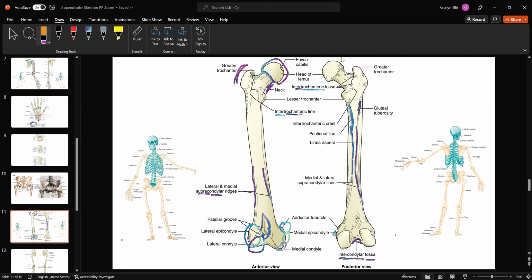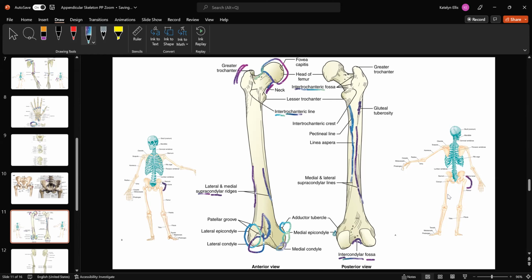Now, you won't be able to palpate the head of the femur. It is deeply in, but on some of your clients, you will be able to palpate the greater trochanter for sure. All right. So just looking at our little model that we have here, you can see the greater trochanter right here, sticking out right here.